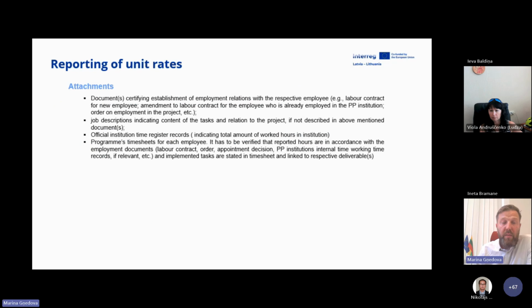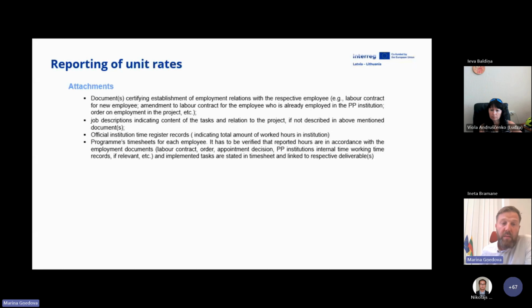Another important thing, what documents? It was not asked, but I think it's important to remind you. So what documents are needed to justify the unit rate? It's a document justifying the employment itself. So most likely it will be employment contract or another form or updated version of it or special decree which justifies it.